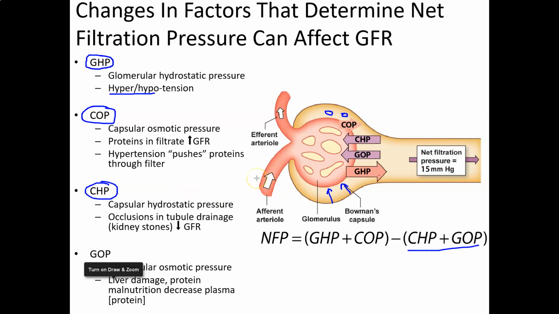One of the big places where we'll see that are occlusions in the tubule drainage, like kidney stones. The normal kidney stone actually doesn't develop until you get to the renal papillae at the end of the collecting ducts, in the renal sinus, in the minor calyces and the major calyces in that area.